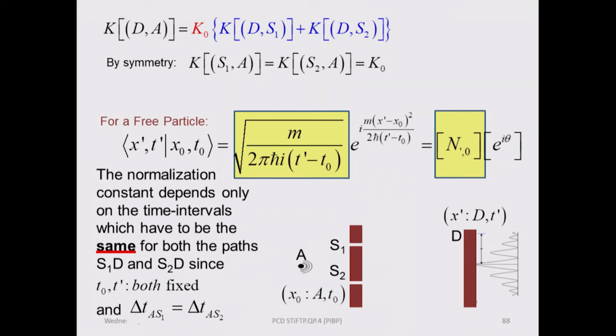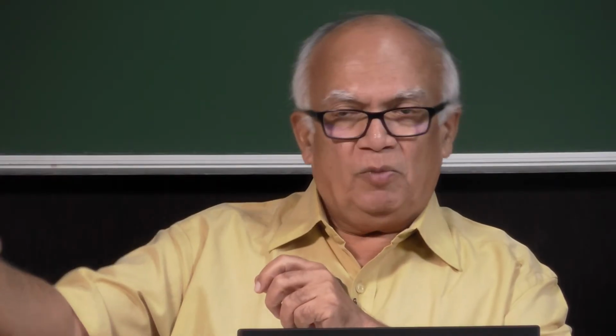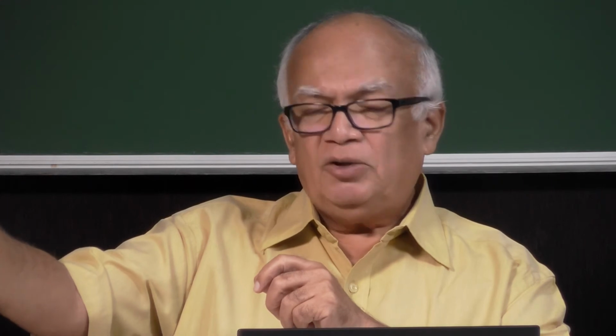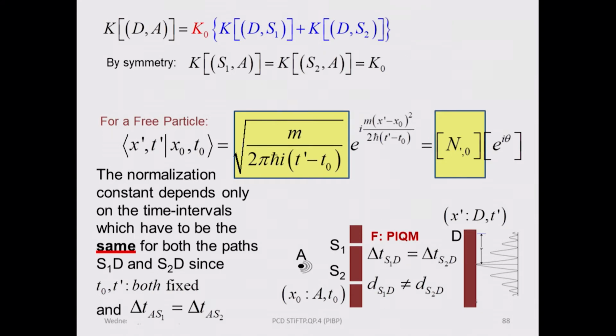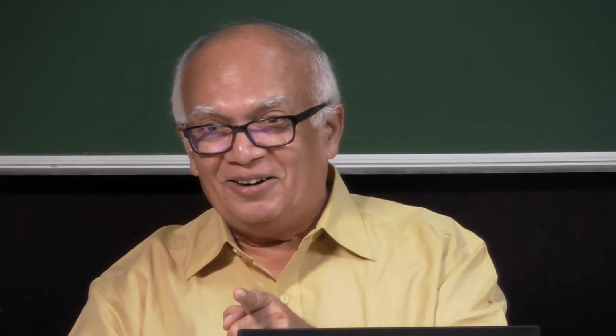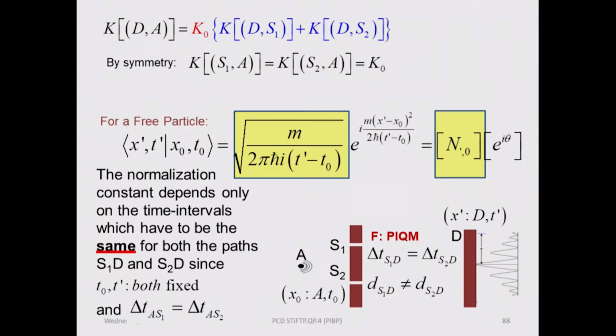And the interference takes place because the particle arrives there together from both the paths, which means those times are also equal, so the time taken from S1 to D is the same as the time taken from S2 to D. Now, the distance is not the same. One can be 2 centimeters and the other can be a billion light years, because in between it can go somewhere and come back. The particle takes exactly the same time to reach the point D, no matter what its path is.